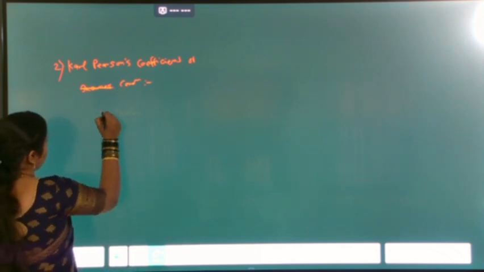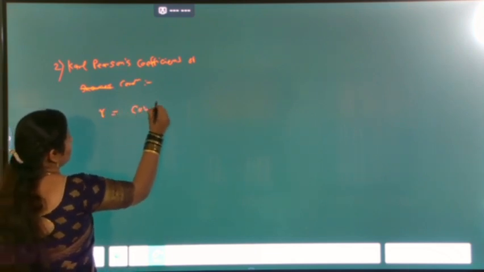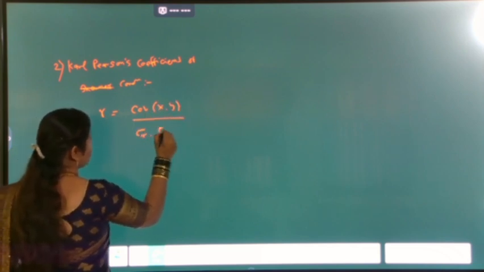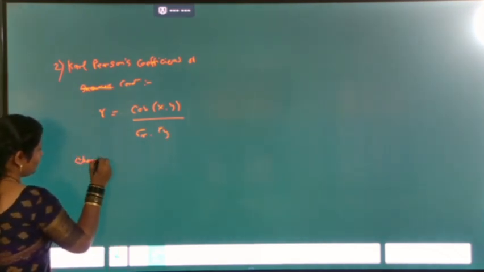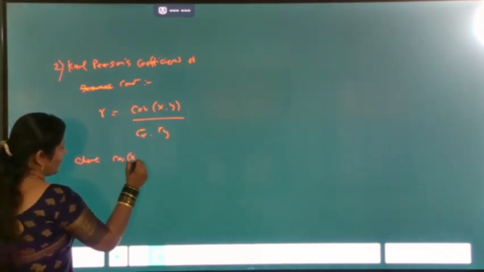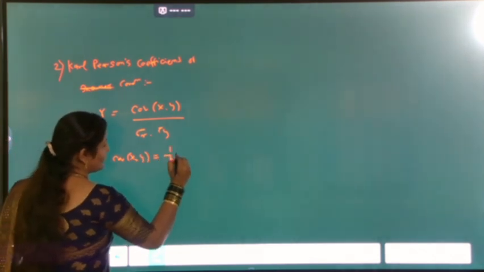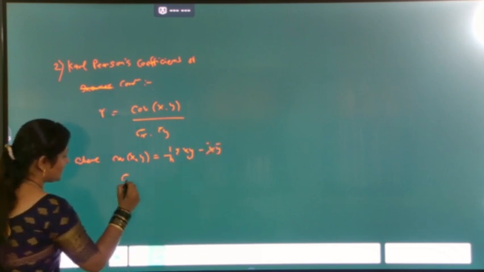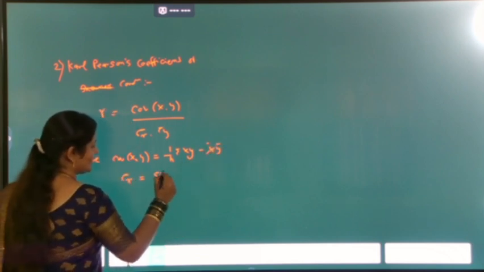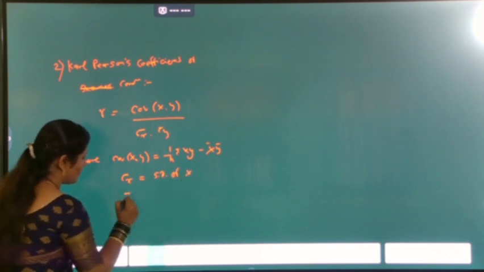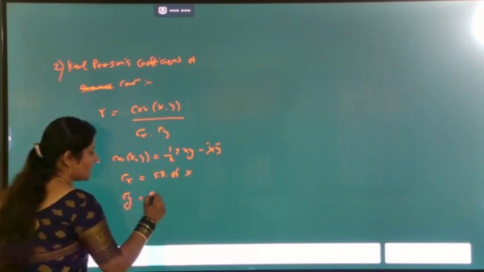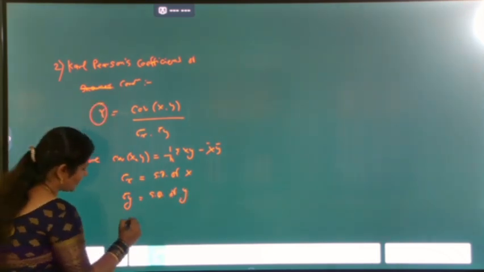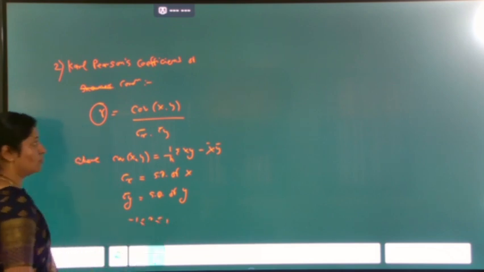It is denoted by small r, covariance between x and y divided by sigma x into sigma y, where covariance between x and y is equal to 1 upon n sum of x into y minus x bar y bar, and sigma x is the standard deviation of x, and sigma y is the standard deviation of y. It also lies between -1 and 1.